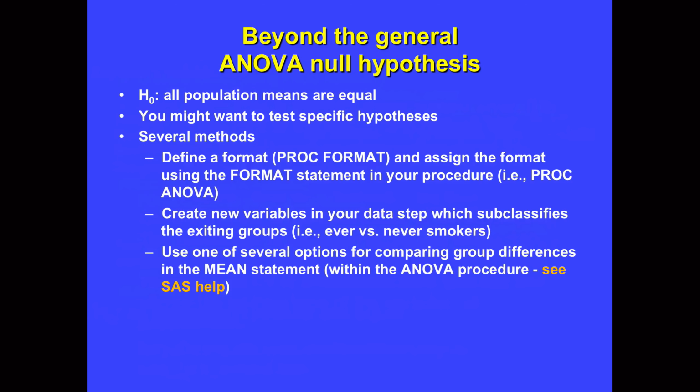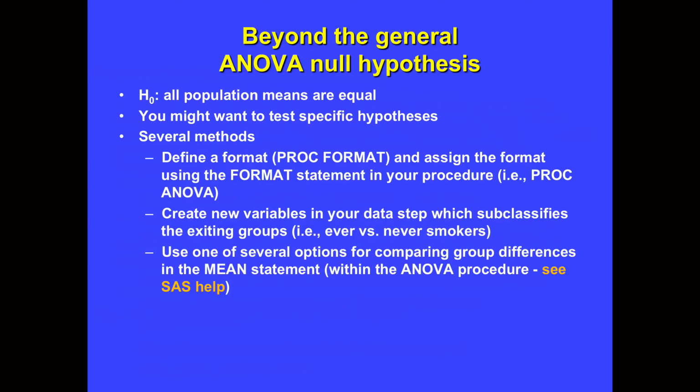Now let's talk a little bit about moving beyond the general ANOVA null hypothesis. So again, H0 in an ANOVA setting is that all population means are equal, and in some situations you may want to test specific hypotheses. In other words, even though you run an overall ANOVA to see if there's any evidence that the means vary at all across level of your explanatory variable, maybe you want to compare mean levels between various groups within that framework.